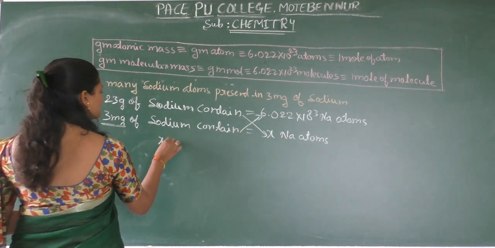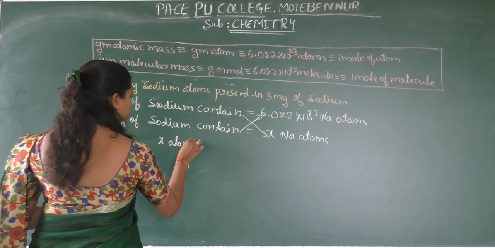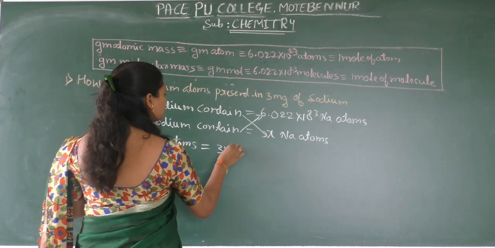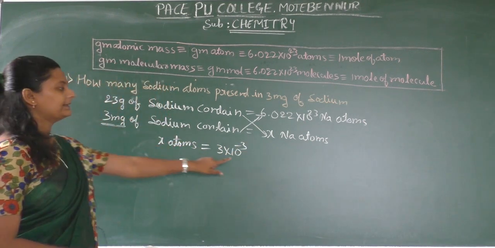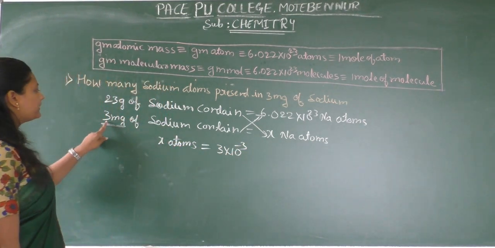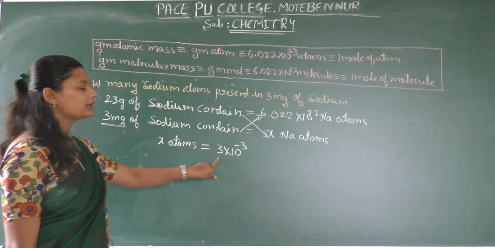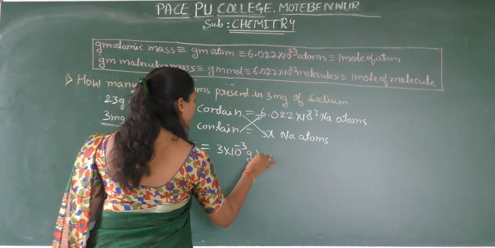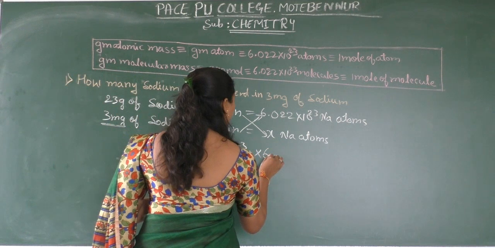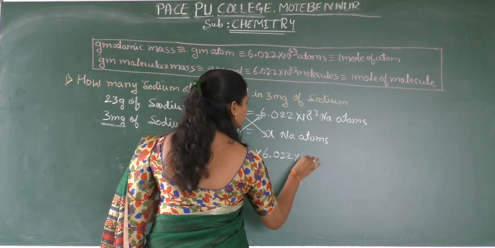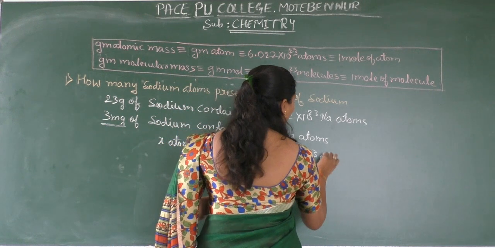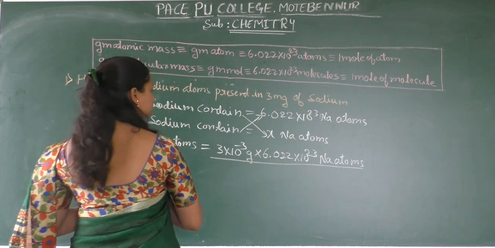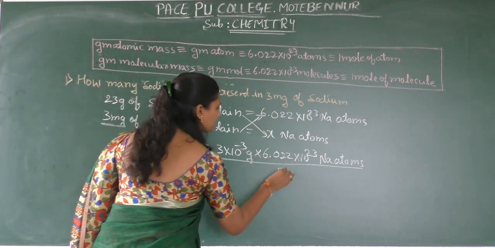So here X atoms is equal to 3 into 10 raised to minus 3. So here we converted 3 milligrams into grams. Okay, so here it will become 3 into 10 raised to minus 3 grams into 6.022 into 10 raised to 23 sodium atoms divided by 23 grams.